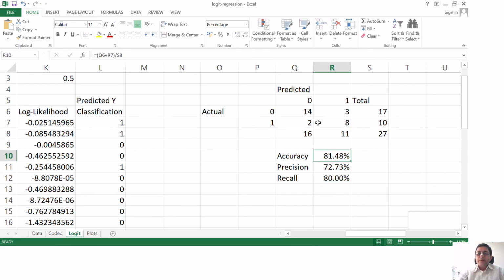Once again, accuracy, recall, and precision are the performance indicators for my logistic regression model. I want them to be larger, the better. Now let us go back and check how these values are influenced. They are influenced by how many times I got it right and how many times I missed it.